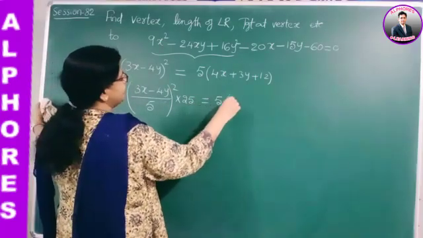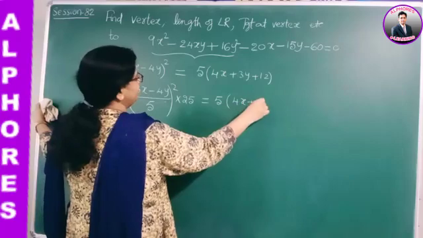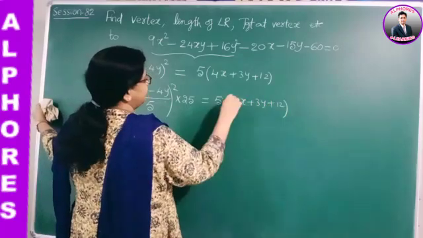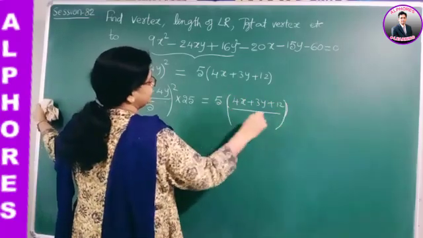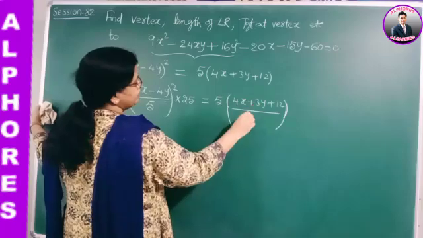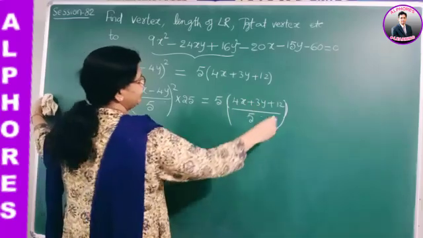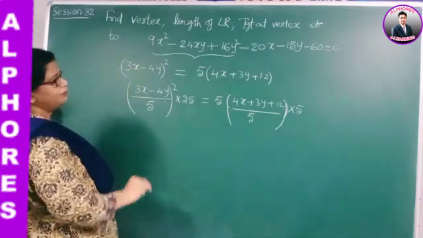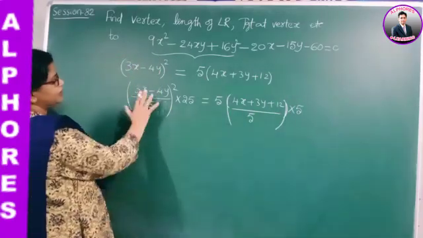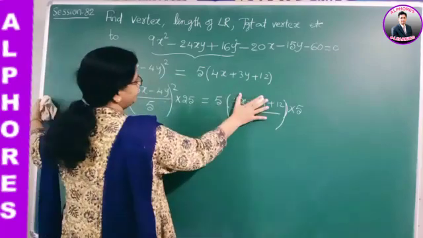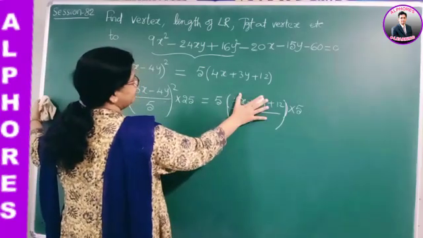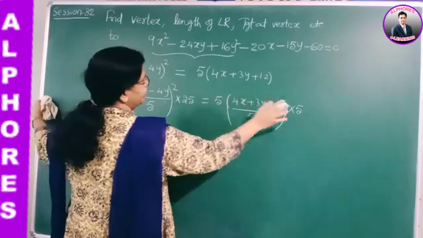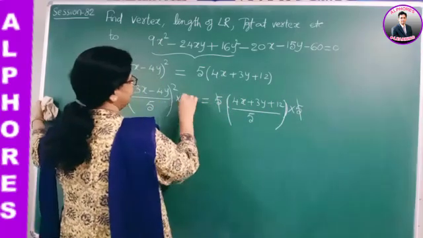Again the same step. Now what about here? 5 into (4x plus 3y plus 12), and here also it is based on the perpendicular distance. Under root of 4 square plus 3 square we know it is 5, then immediately multiply by another 5. Okay, so now we completed, and whatever has to be there, therefore extra terms I am removing. 25 here and 25 here, so let us cancel.